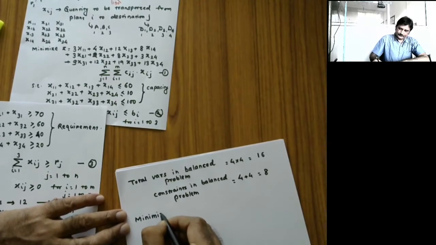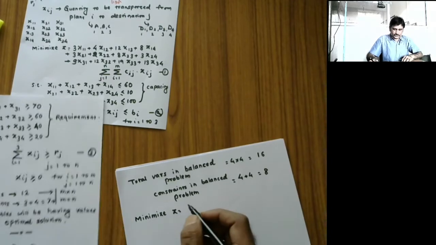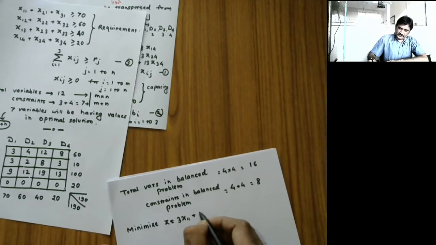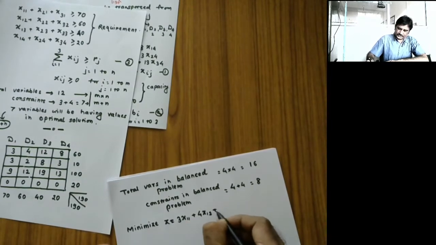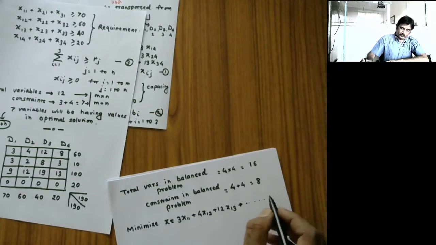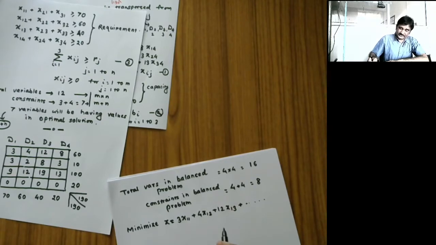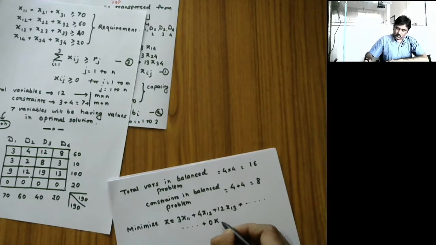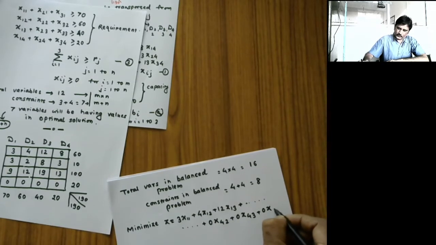Minimize z equal to 3x11 plus 4x12 plus 12x13 plus 8x14 plus 3x21 plus 2x22, and so on up till plus 0x41, sorry, 42 plus 0x43 plus 0x44.